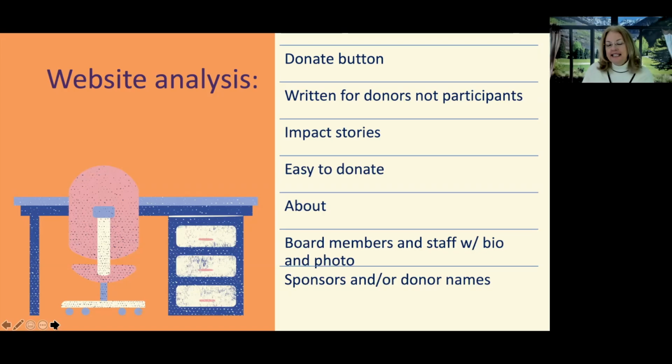You also need to make it easy for the donor to donate. What that means is that when they click on that donate button on the upper right-hand side, it takes them to a page that says, your donation will impact this many people, and it will do this, and this, and this.